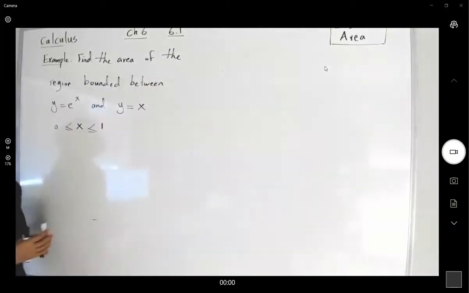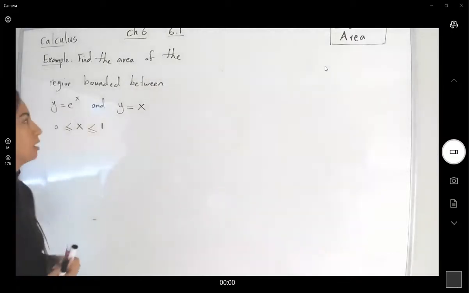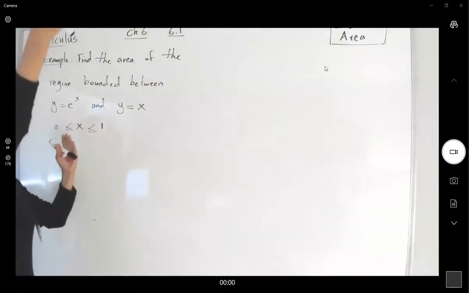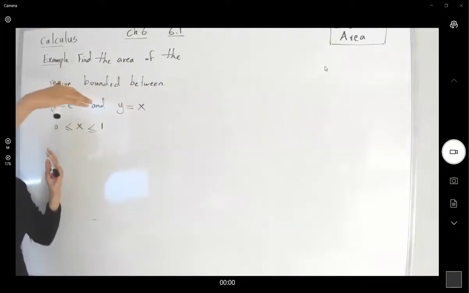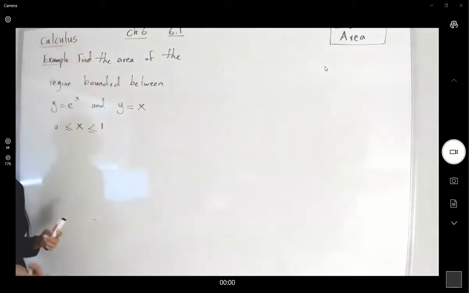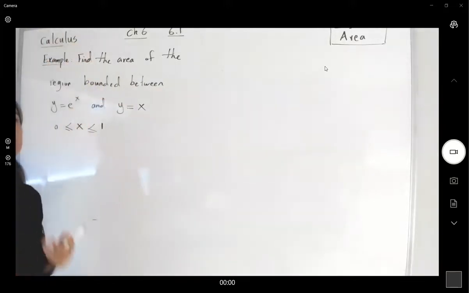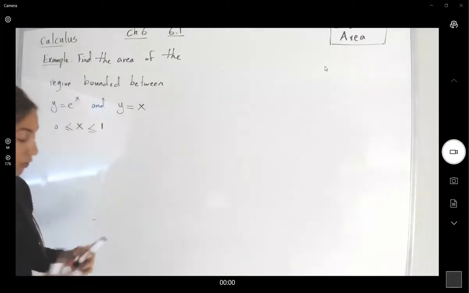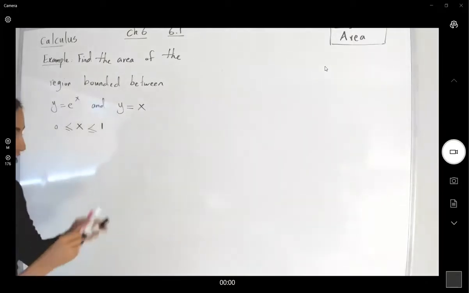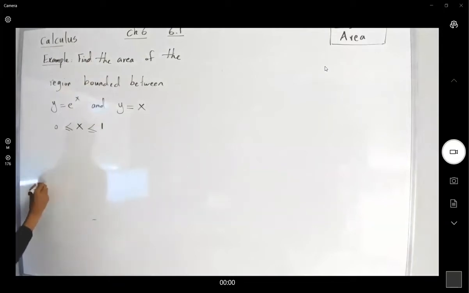Okay, 0 and 1. I'm interested in visualizing this area. Which function is the top function? Which function is the lower bound function? Which one is f and which one is g? How do I make sure I select these two functions correctly? By graphing. So let's graph this one.